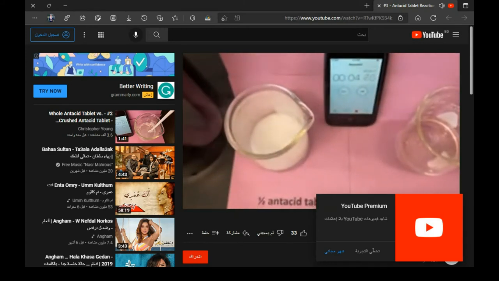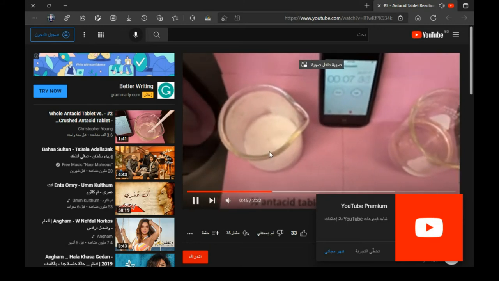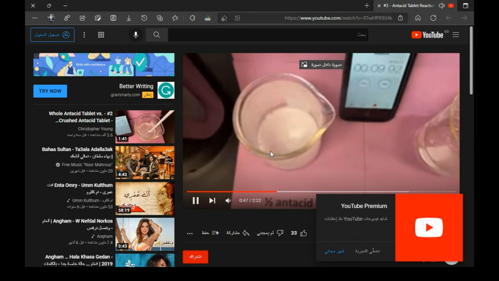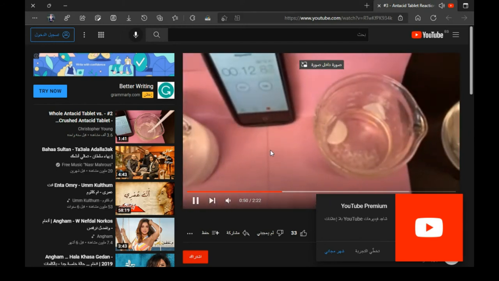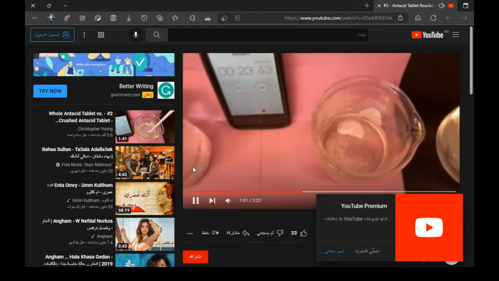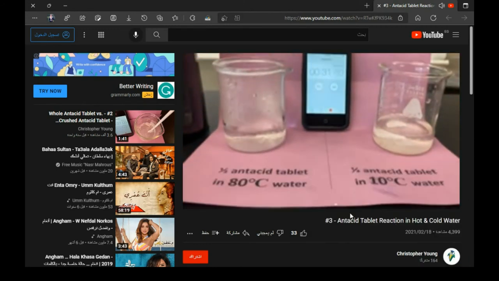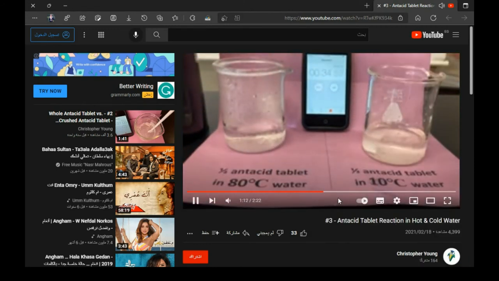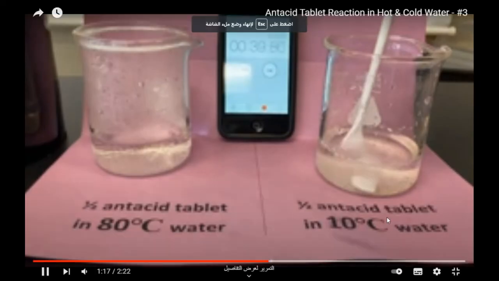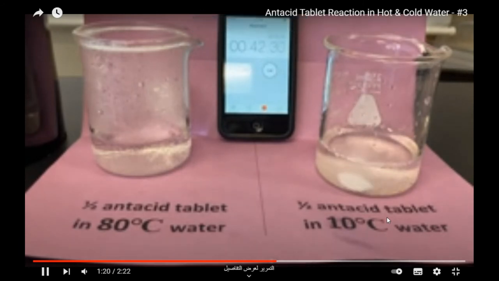Yes, the reaction in a hot water. Which of them is faster than the other?